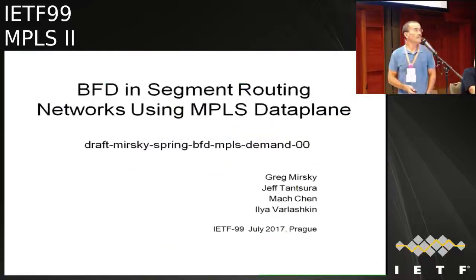For those who are watching this as a second series this week, we had a discussion on BFD directed, and this draft is the application of the idea of controlling the reverse path of a BFD session to segment routing.